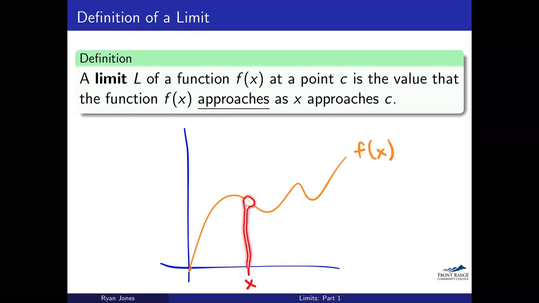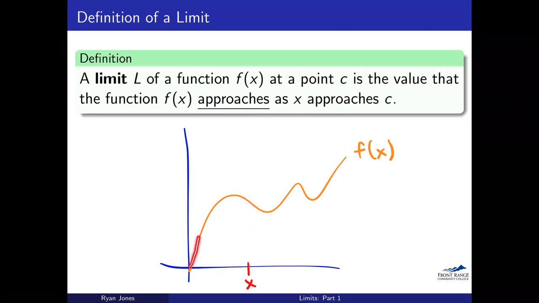I'm going to get right about here. So as I approach along this x value, basically as I approach along this function, I get closer and closer to that x. I'm going to get right here and I'm going to stop right there. And that right there is exactly the limit. It's the value of the function that I'm approaching. And for a lot of these cases, it's pretty much just the value of the function at that point.